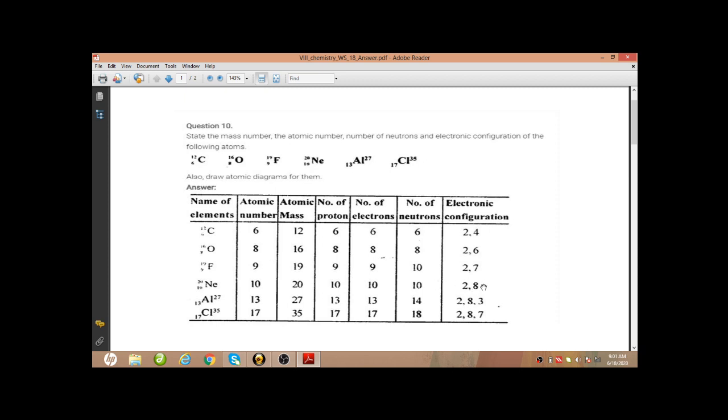For neon this is fulfilled, that's why it has a stable electronic configuration. We call it a noble gas or inert gas because it has already attained stability, so it will not react anymore. In normal conditions it will not react. We can forcefully make them react, but normally all the noble gases will not react.